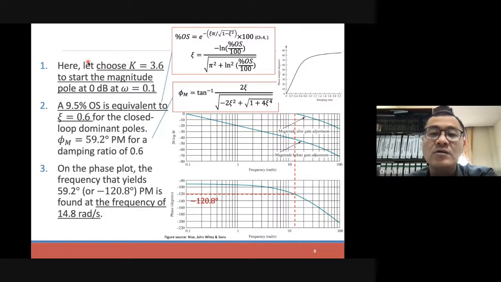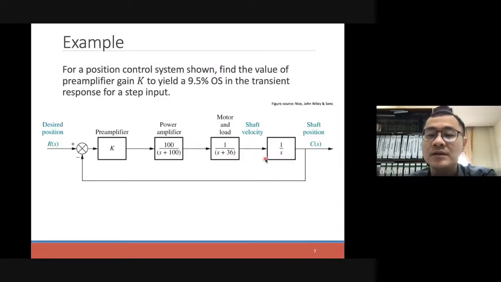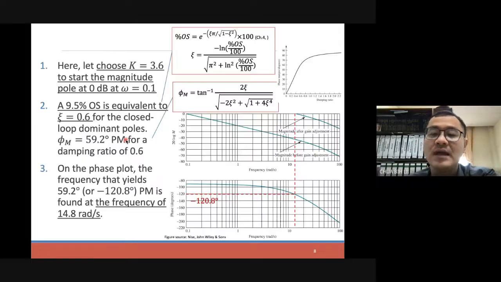So the first step is to plot the Bode diagram. When you have an unknown K value, you can just put in any value that you like. Here we just choose 3.6.